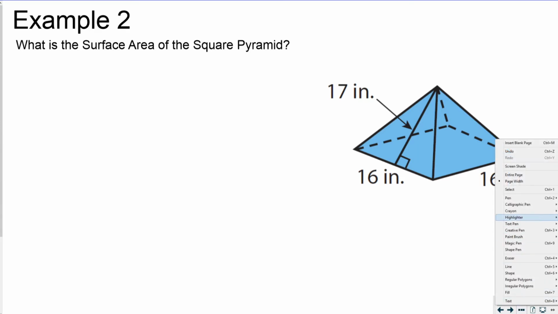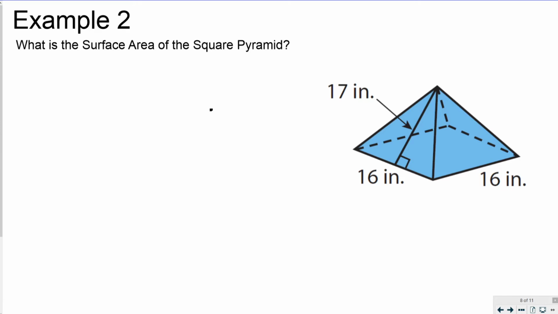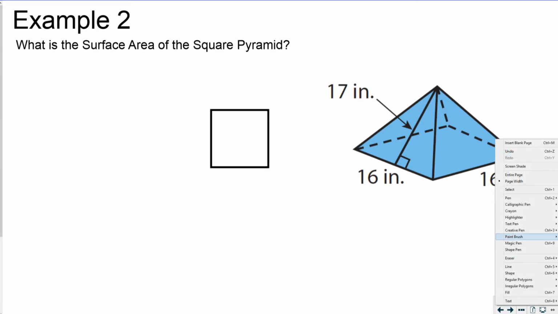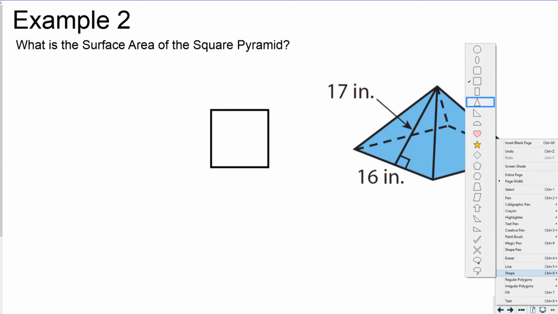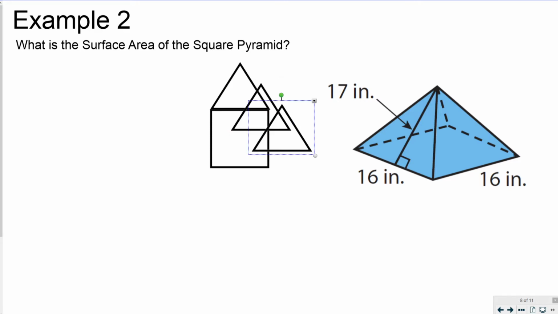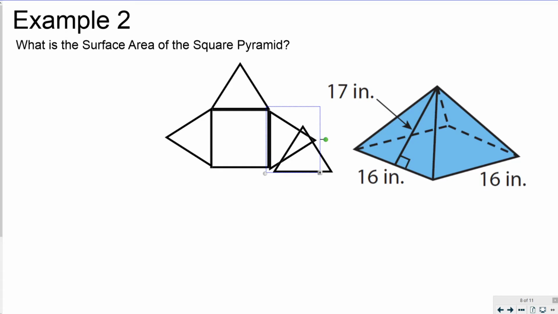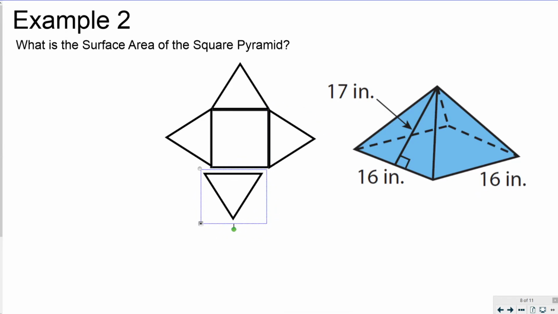If I were to unfold this one, and I'm going to try to do it really quickly so that the video doesn't get too long, I'd have a square, and then I would have a triangle like this, and then a triangle on this side, this side, and this side. And then I could apply the measurements that I have here.